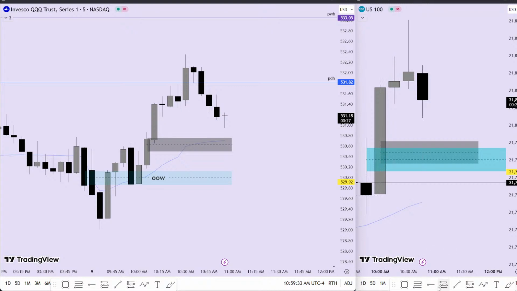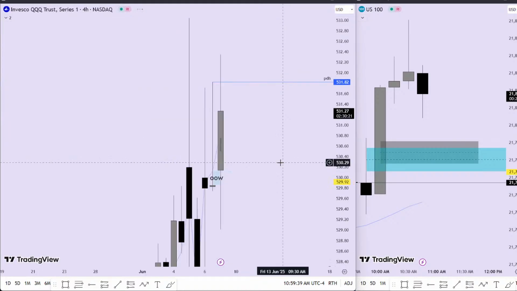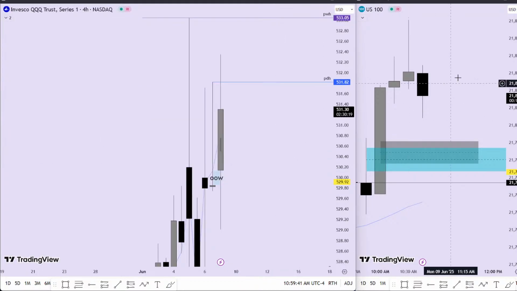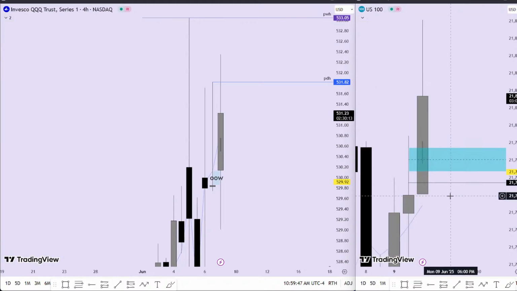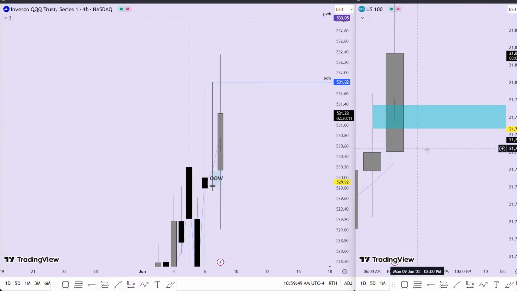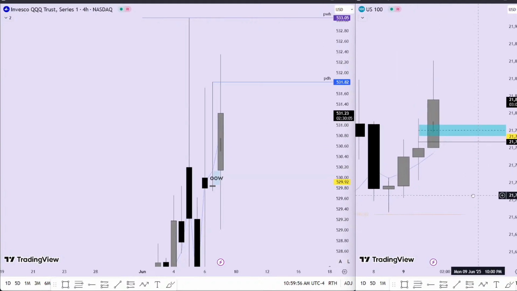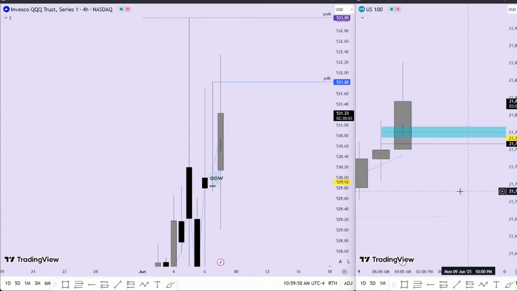This imbalance is also based on the higher time frame, on the Globex time frame. On the 4 hours, you can see that we do not have a wick, so that is considered as an imbalance. So I'm going to keep an eye on this point.